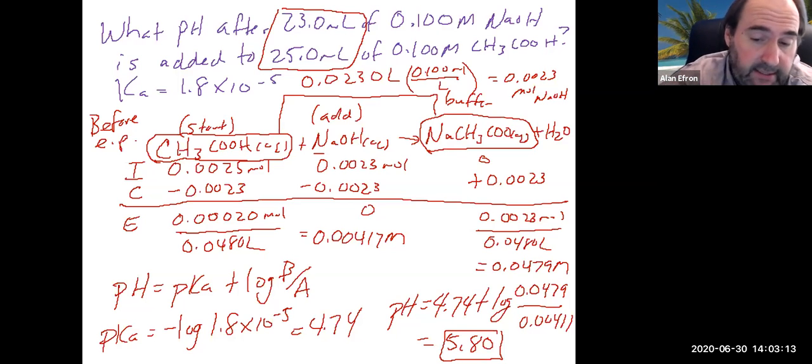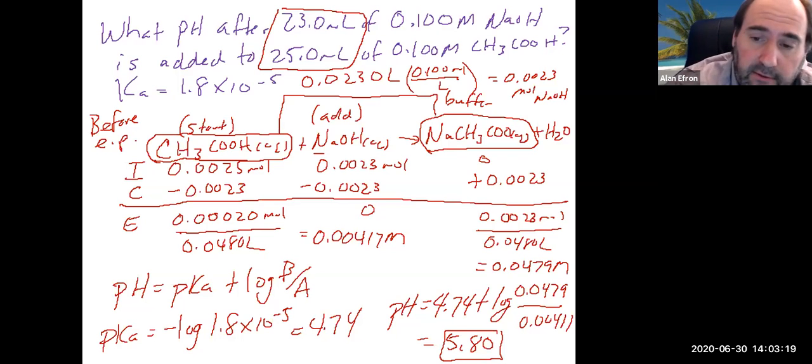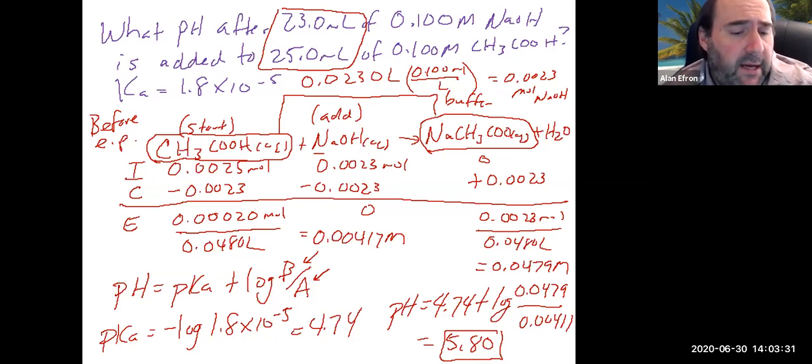So again, it is really good practice to convert it back into molarity at that point. Truth be told, though, just a reminder that technically speaking, if you are using the Henderson-Hasselbalch equation, you could just leave it in moles and put it into the equation. You will get the same answer because when you divide the base by the acid, the 1,000 milliliters cancel out of both, so everything becomes the same.